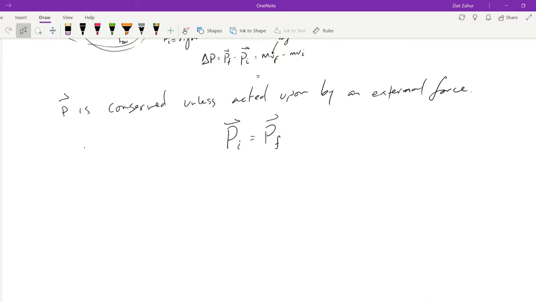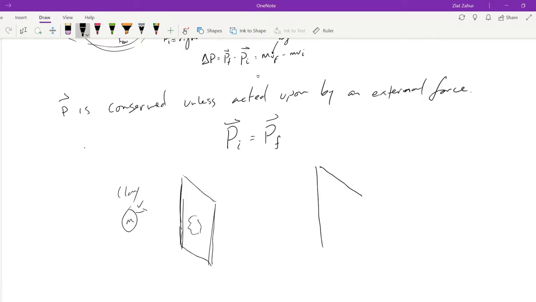Okay, so question, if I threw a ball, and it's a clay ball that sticks to the window here, versus using some sort of rubber ball of same mass, that when I throw it with the same velocity, it crashes and then bounces back the other way with the same velocity.